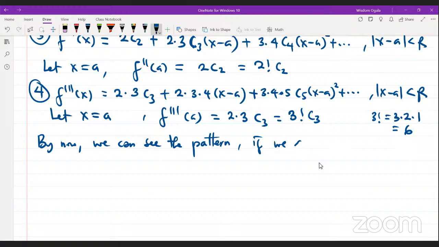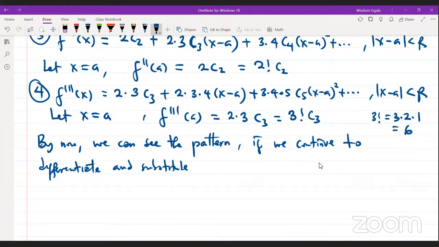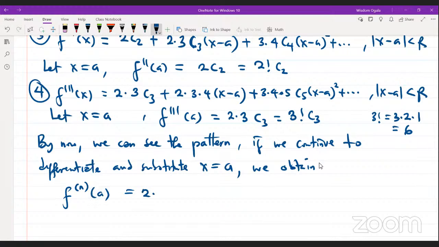If we continue to differentiate and substitute x equals a, what happens? We obtain f superscript n of a. Now, what does this mean? I'm going to tell you that in a second. So if we continue, this is what we're going to achieve.